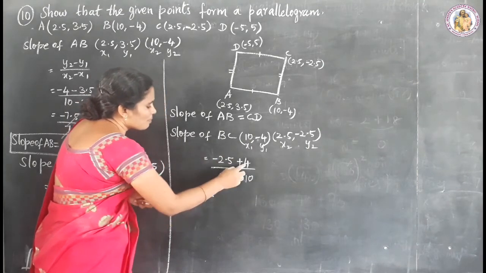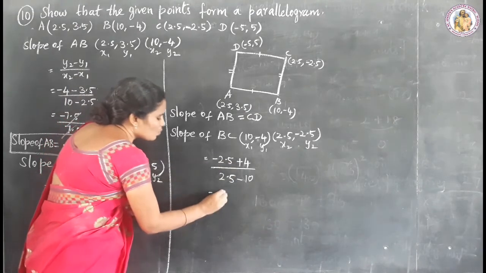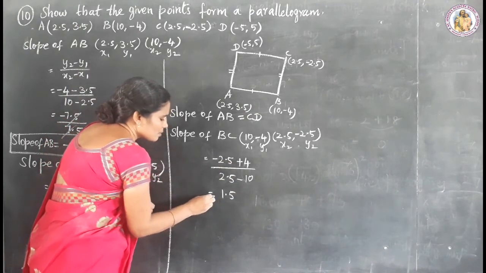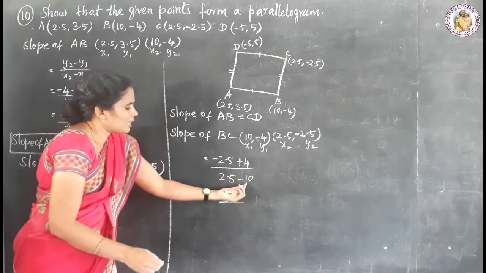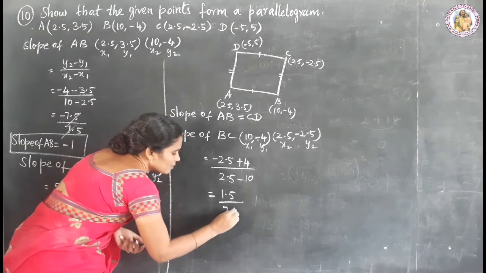So 4 minus 2.5, different signs, subtract, is 1.5, divided by minus 7.5.